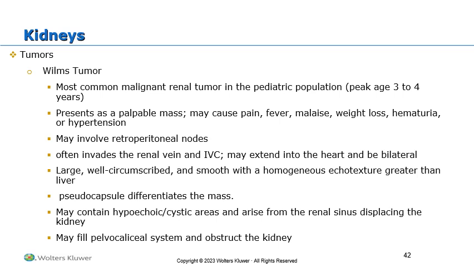They can also, if they outgrow their blood supply, as we know, cause hypoechoic cystic regions of necrosis. They can also cause compression of the renal sinus drainage, and that could cause those to dilate and look hypoechoic cystic. They can fill the whole pelvicalyceal system and obstruct the kidney, so this kidney can no longer drain, and then you're going to have hydronephrosis in that particular case.